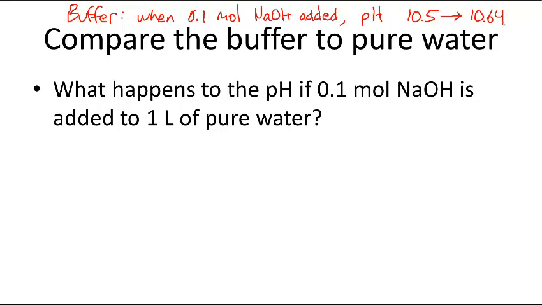Now let's think about pure water. You can do this calculation. If 0.1 mole of NaOH is added to 1 liter of pure water, talk about it at your table.